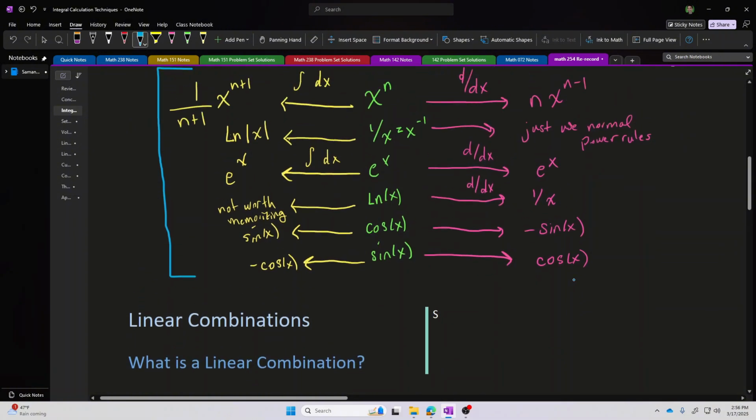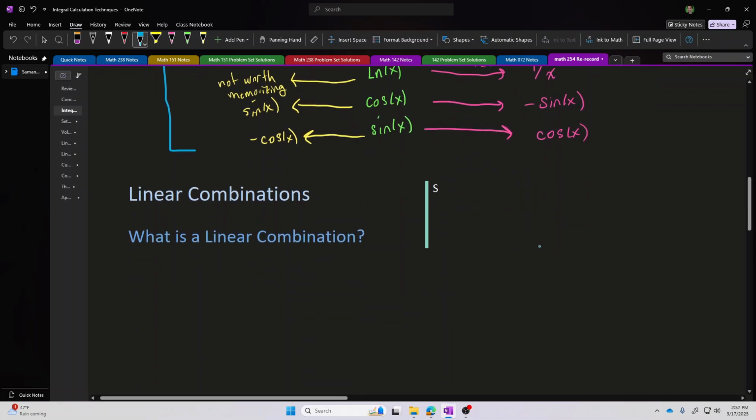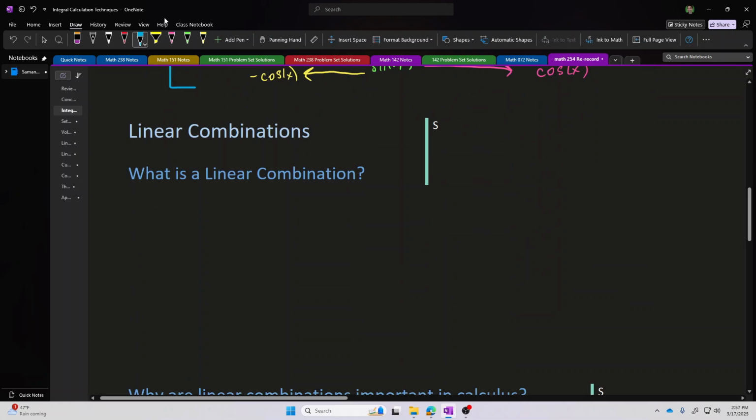Now, there's a very useful idea and very useful word in mathematics, which is called a linear combination. A linear combination describes a combination that was accomplished using just addition, subtraction, and constant multiples.